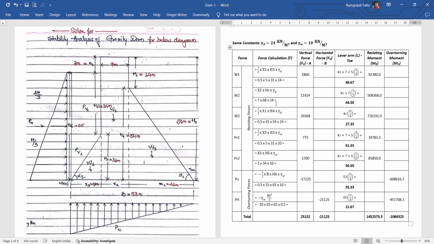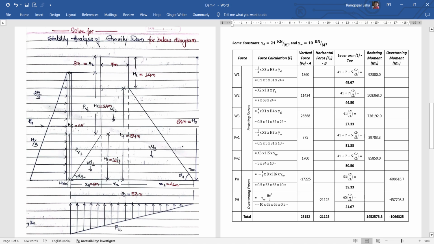Since the shape of the dam is irregular, we have divided the section into uniform shapes: two triangles and one rectangle. So W1 and W3 are triangles, and W2 is the rectangle. These are the three forces due to the weight of the dam body.